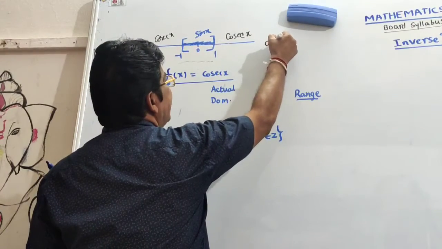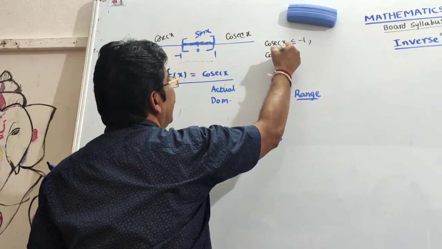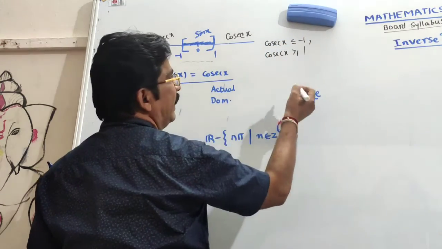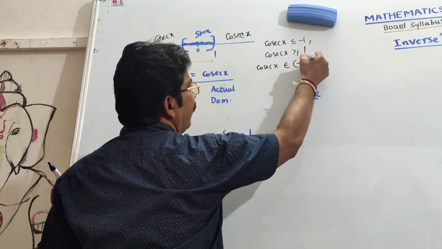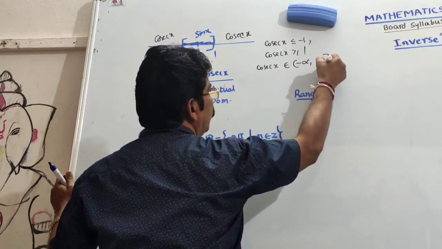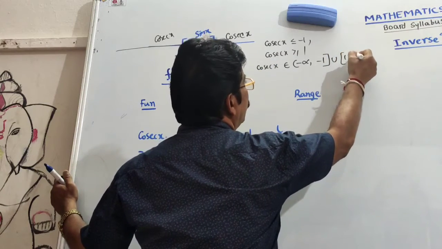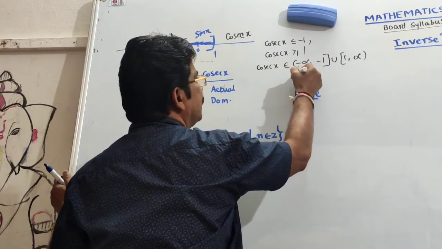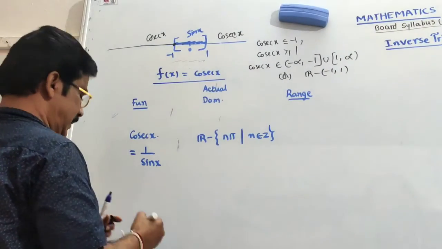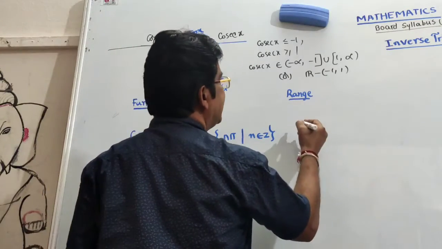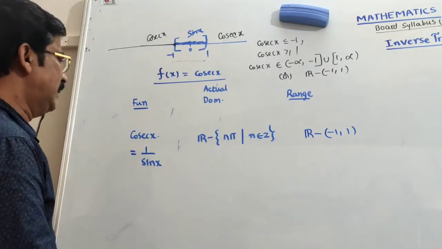Therefore, cosecant x is less than or equal to minus 1 and greater than or equal to plus 1. So cosecant x belongs to the interval minus infinity to minus 1 closed, union 1 to plus infinity, or simply we can write R minus the open interval of minus 1, 1. So the range is capital R minus the open interval of minus 1, plus 1.